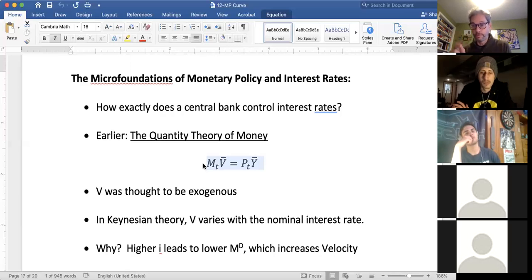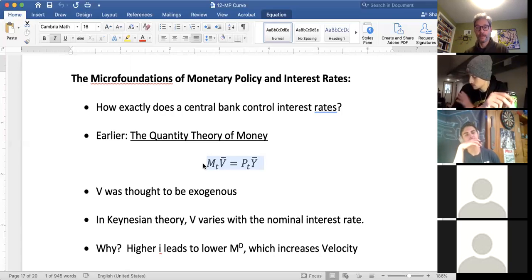That real GDP is exogenous, meaning it's fixed because of money neutrality. But it also assumed that V, the velocity of money, was exogenous, that people didn't change their money demand over time. They wanted to hold a constant ratio of money.